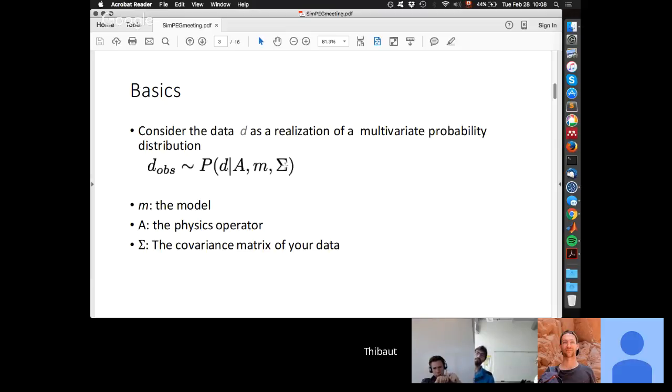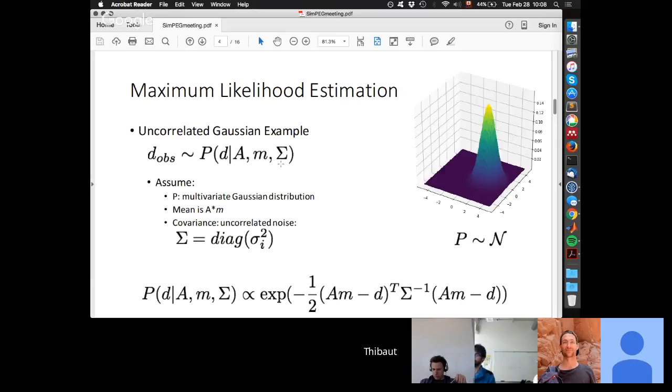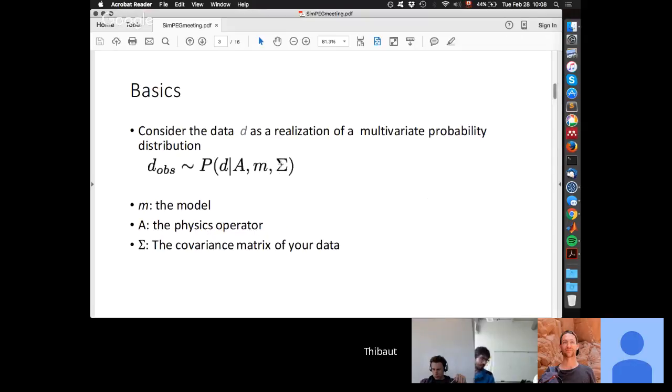In our case, that would be my noise, and it can be correlated or uncorrelated. If it's uncorrelated, it's just going to be a diagonal matrix. And you're assuming that that's known? We're assuming that that's known, but we're going to see there are many ways we can adapt it to our problem too.